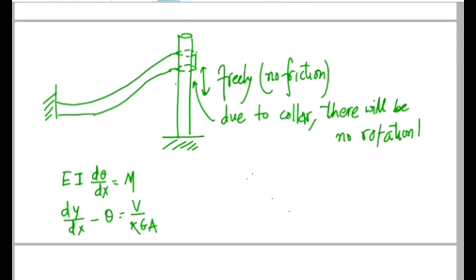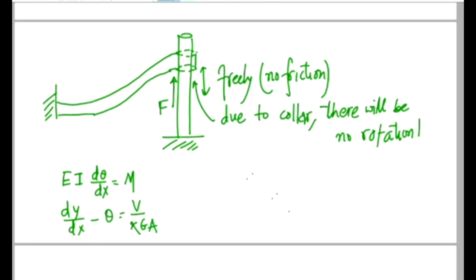Correct? Let us suppose we are applying a force here also, some shear force F. So of course the first goal is to get the shear force and bending moment along the beam, right?